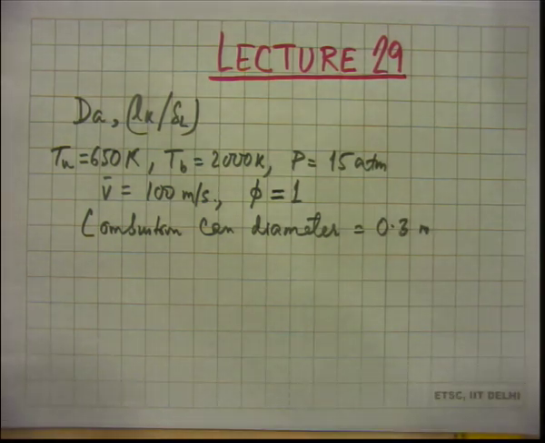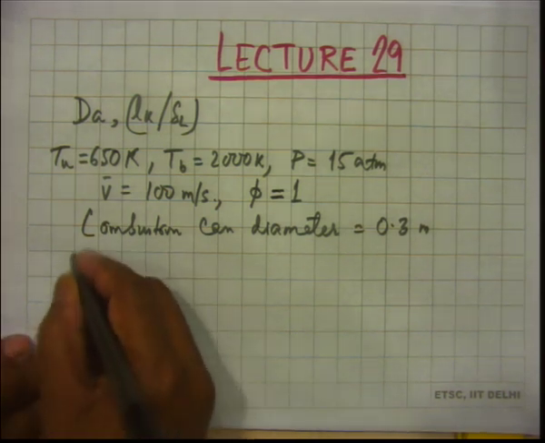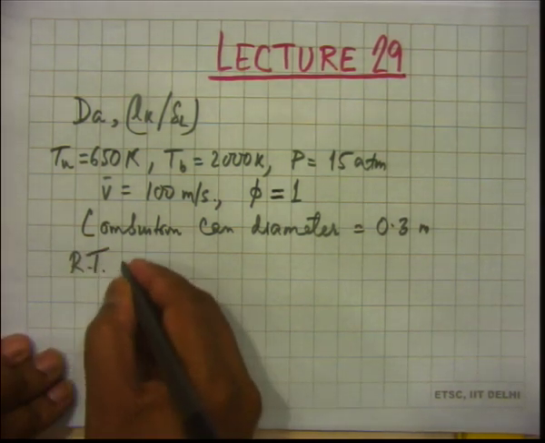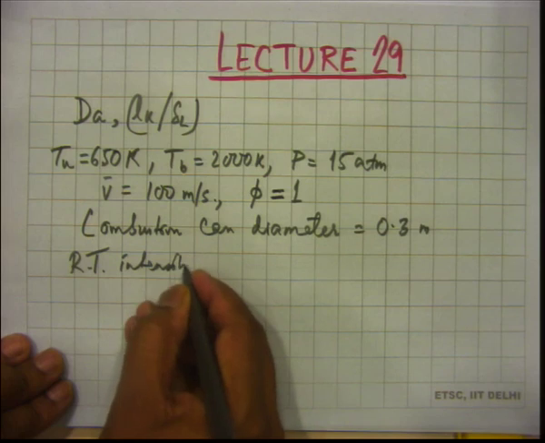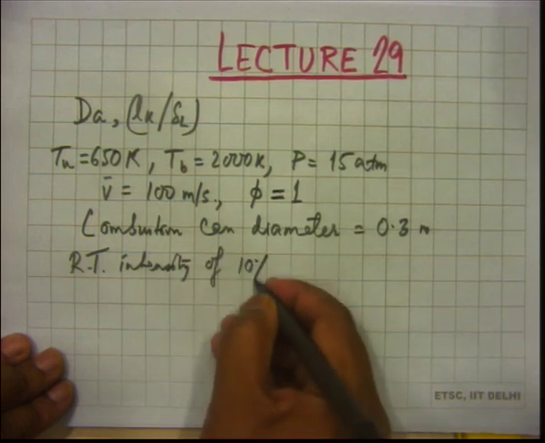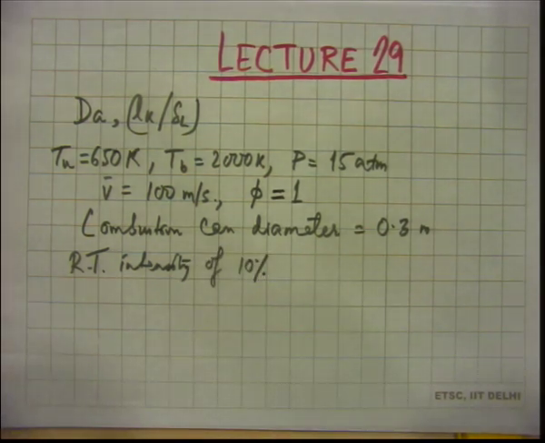It says assume a relative turbulence intensity of 10%, and an integral scale which is 1/10 the can diameter.